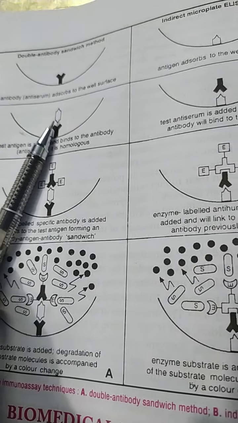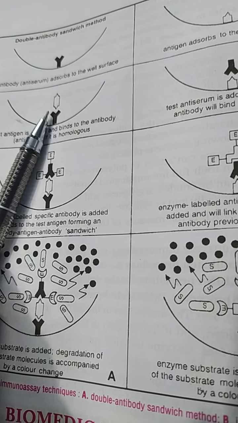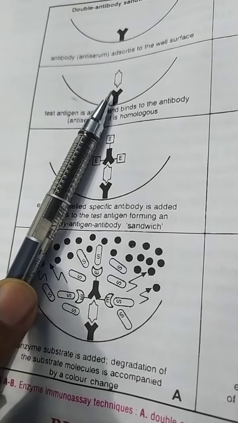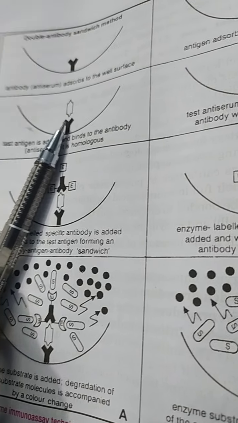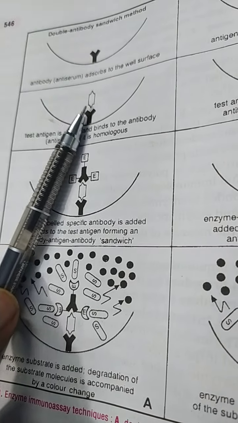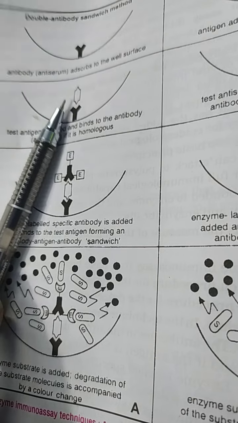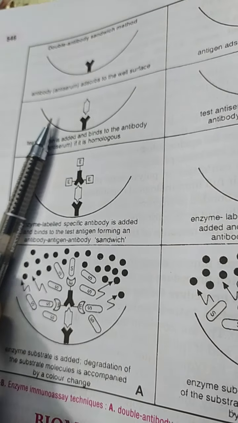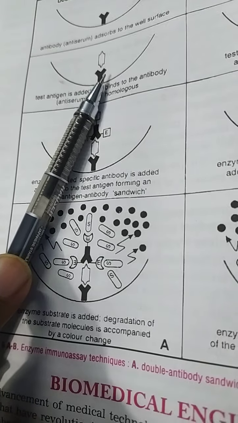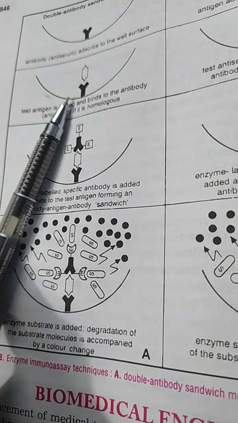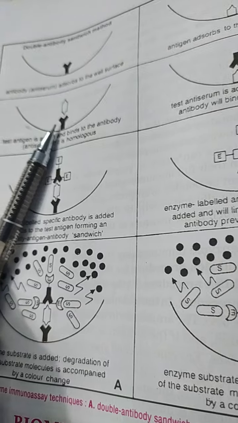This antibody adheres to the surface of each well, and the test antigen is added, as you see in this figure 6a, and this antigen binds to the antibody which was already sticking there.